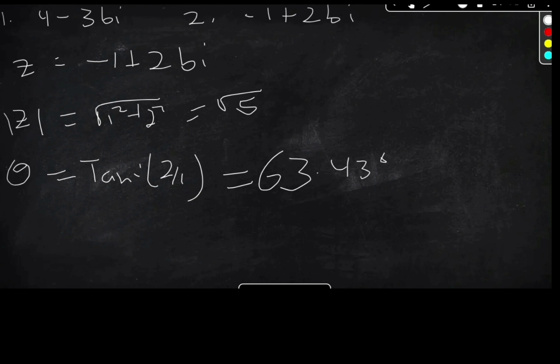Tan inverse of 2 gives an angle of 63.43 degrees. We have to know the quadrant in which our complex number lies. The real part is negative and the imaginary part is positive, so that means it lies in the second quadrant.